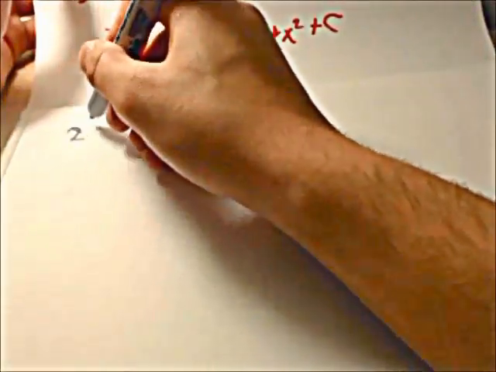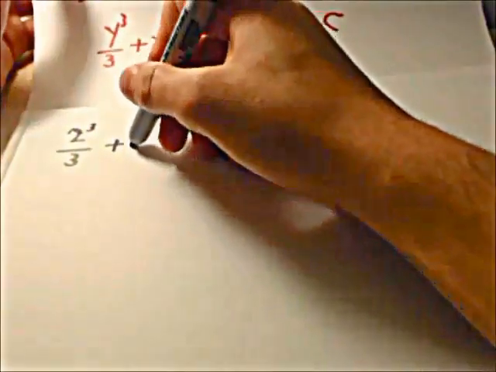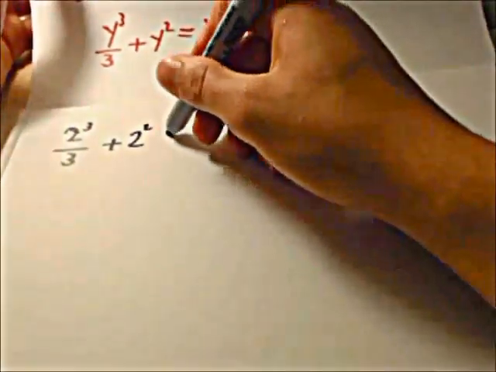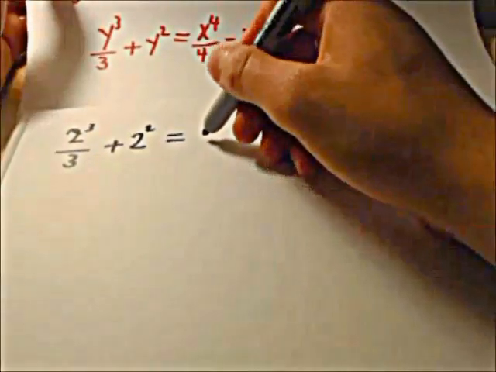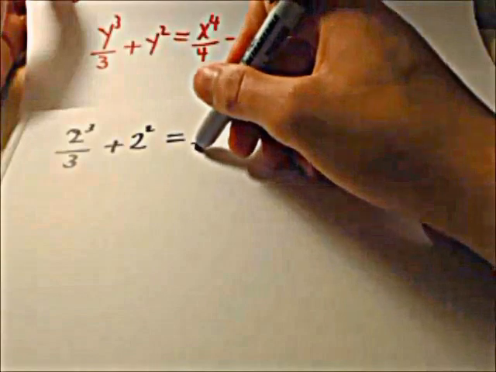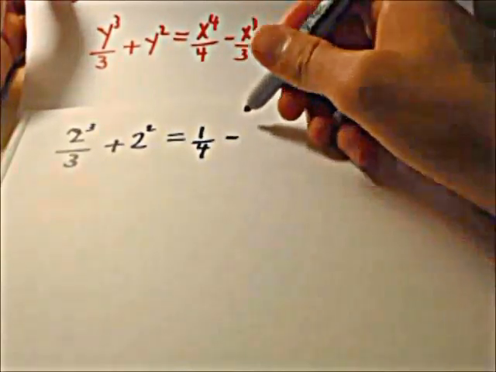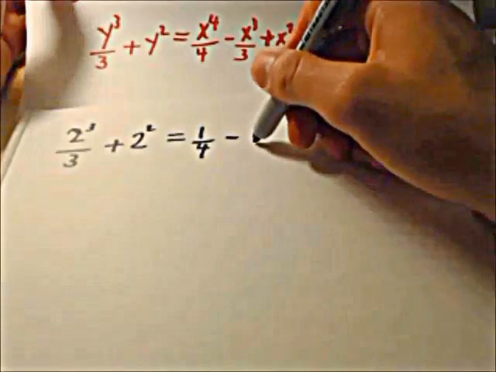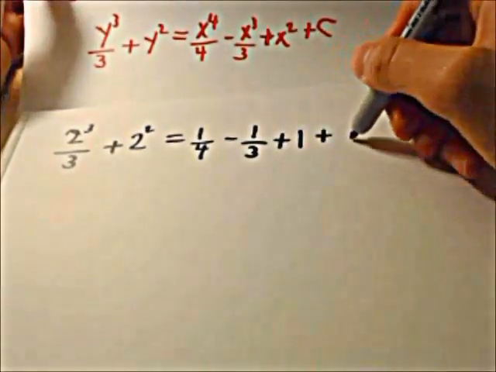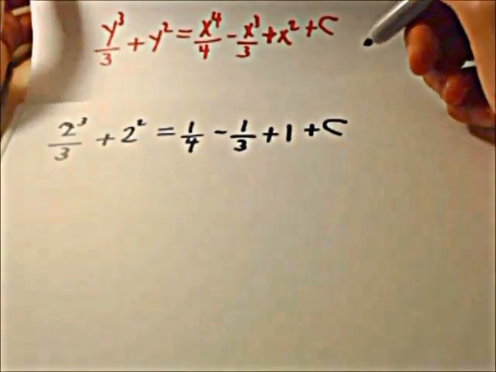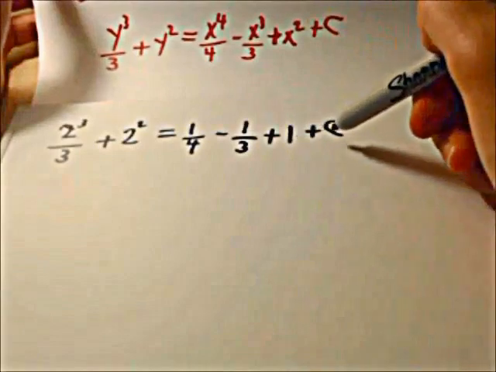So that would be 2 to the power 3 over 3 plus 2 to the power 2 equals 1 to the power 4 over 4, and I'm going to substitute all the x's with 1, because 1 to any power is just 1. So minus 1 cubed over 3, and then plus 1, and then plus c. Now we just simplify it by making c the subject.